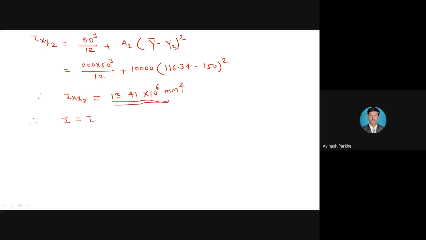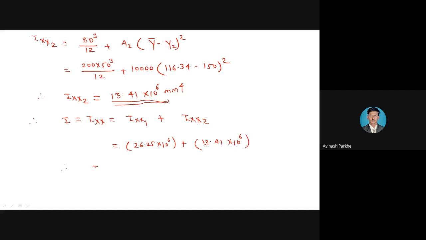Capital I is equal to Ixx, which is Ixx1 plus Ixx2. Make the addition: 26.25 into 10 raised to 6 plus 13.41 into 10 raised to 6.